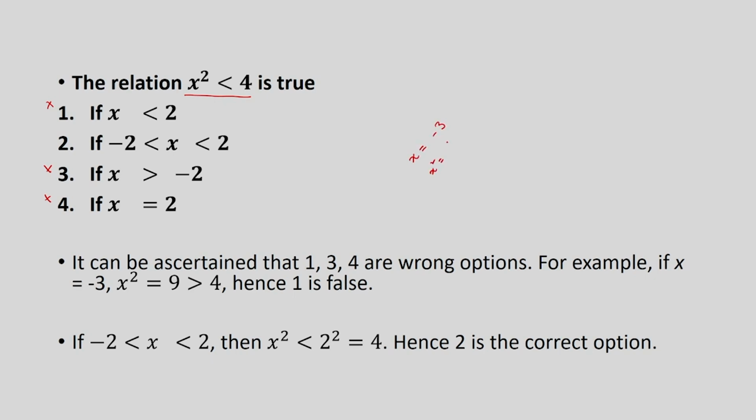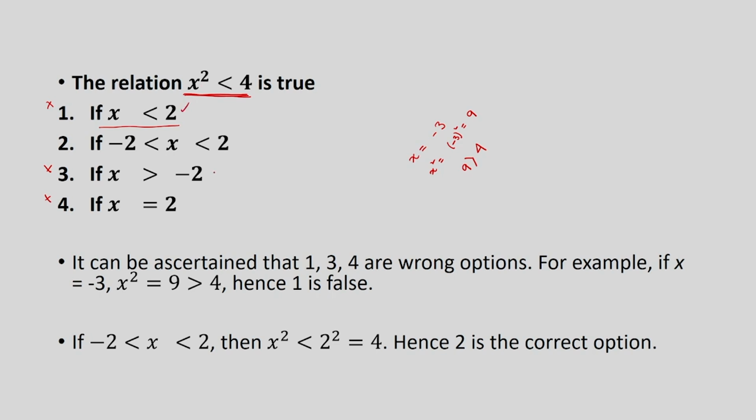X square is equal to minus 3 square, which is 9, but 9 is greater than 4. So this is not being satisfied. We needed x square to be less than 4, but we are getting x square greater than 4. So x being less than 2 does not mean that x square is less than 4. That is why the first one is not correct.